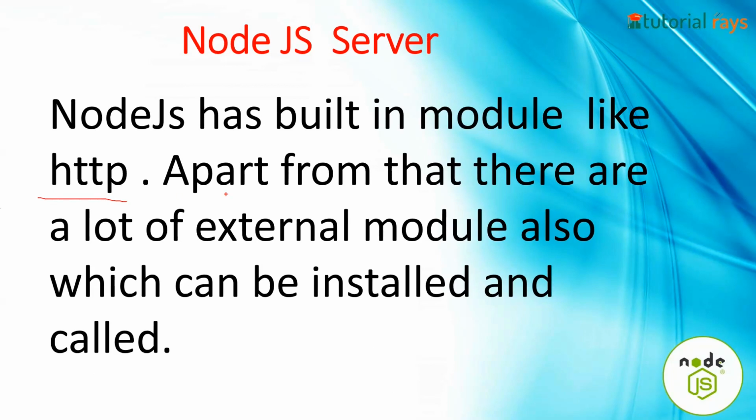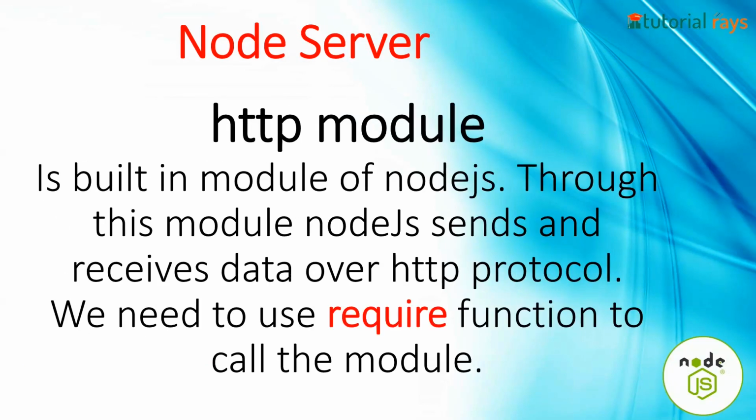Apart from that, there are a lot of external modules also which can be installed and called. From the npm server we will install a lot of other modules as well. So now we will learn what this HTTP module actually is. This HTTP module is very important, we always have to use this. As I explained before, the HTTP module is an inbuilt module of Node.js.